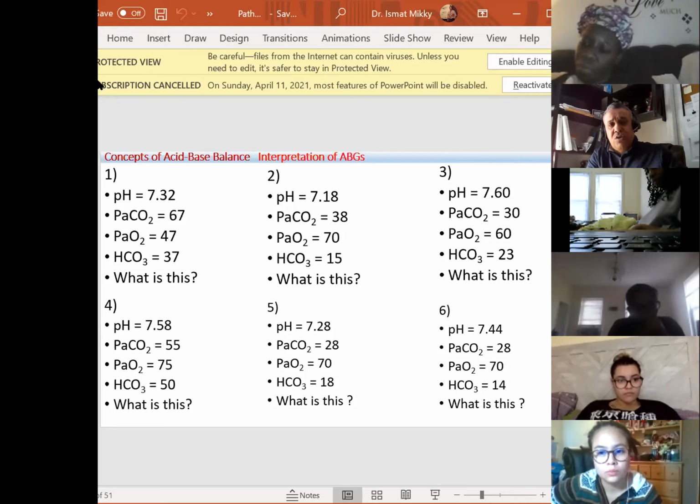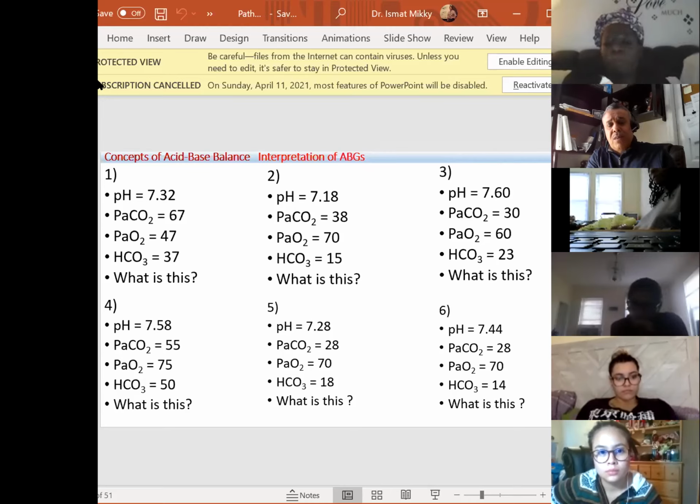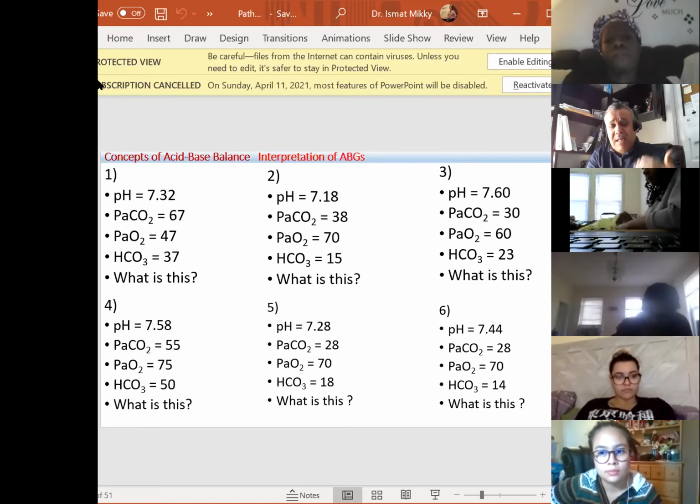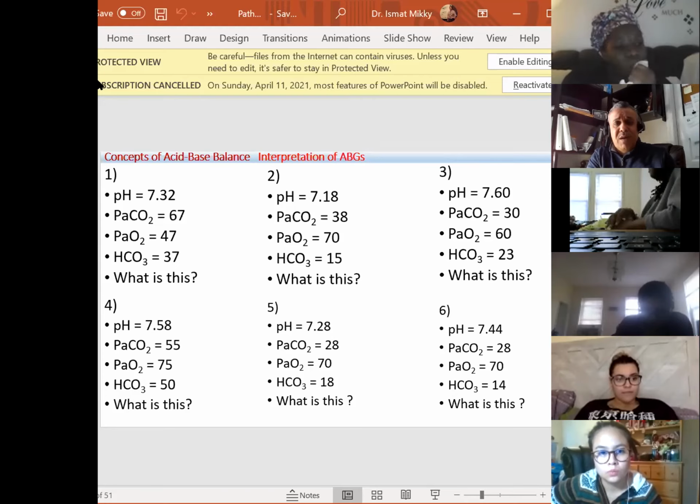pH out of range, non-matching component within range. So that's no compensation. The kidneys haven't done anything to compensate for the acidosis. We said the kidney can do a lot of things, right? Retain H pluses, excrete the bicarb. It depends on the scenario. So here it's acidosis.